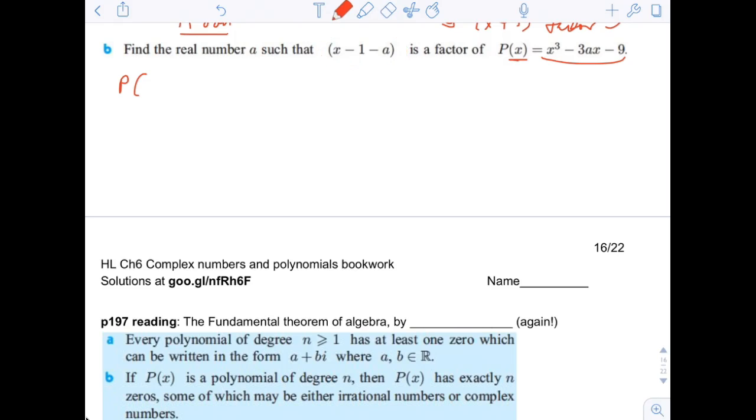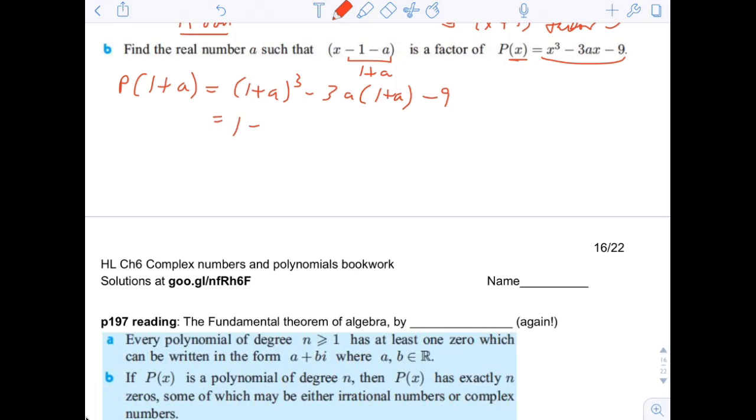So the value that we're going to plug in is actually 1 plus a, right? So we're going to put 1 plus a here, and then we'll put 1 plus a cubed minus 3a(1 plus a) minus 9.